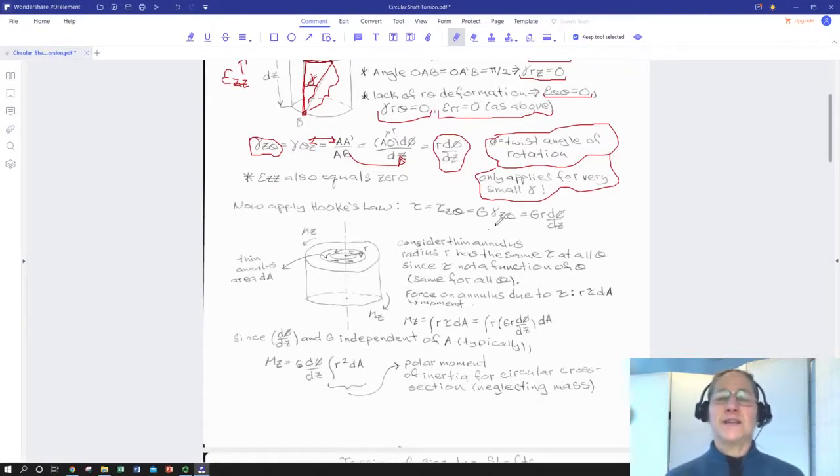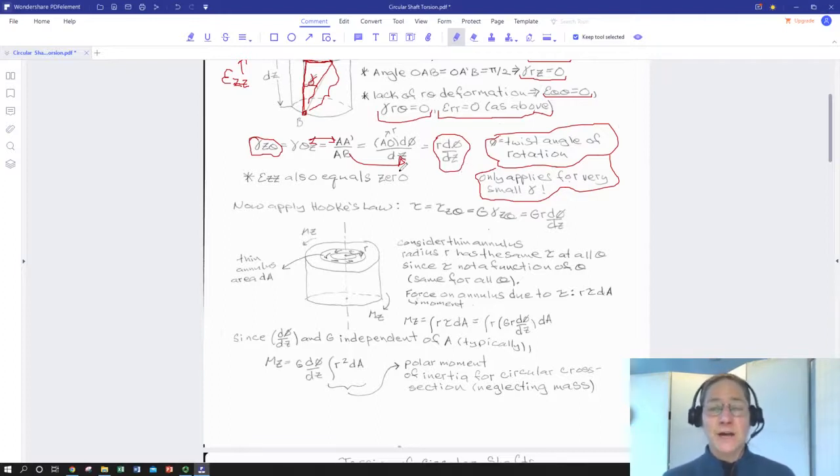So if somebody's telling you they've got some kind of rubber or an elastomer and they're twisting it to like 45 degrees, this isn't going to apply. But maybe a steel shaft that's being used to drive a propeller, or a beam that's twisting a little bit due to an applied moment about its axis, this would definitely apply in most of those cases.